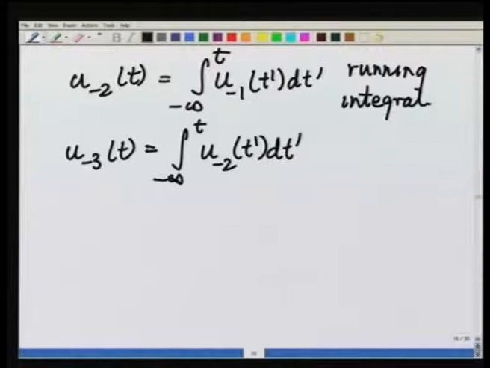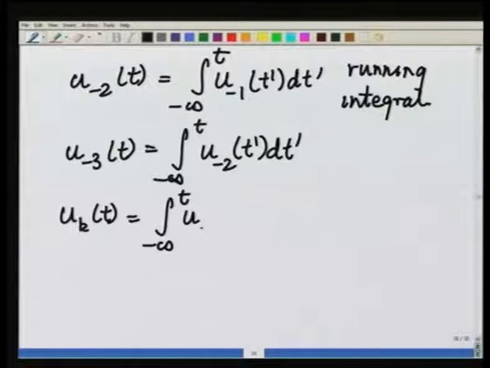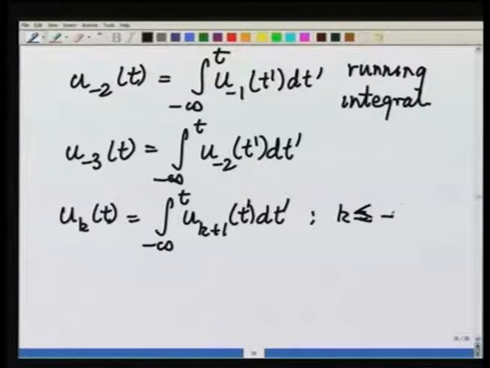More generally, the members of this family of functions u k of t can be defined as follows: u k of t equals this running integral from minus infinity to t of u k plus 1 of t prime dt prime, where we take k less than or equal to minus 1.